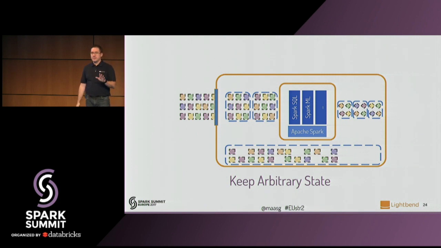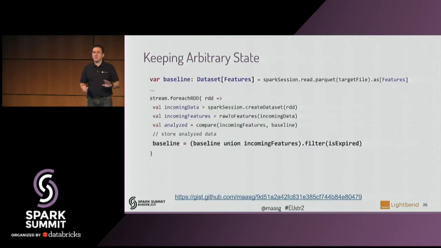Keep arbitrary state. This one seems very simple and is deceivably evil. What we are doing is we define our baseline again. We load this from somewhere, some file. And I want to add the data that I receive. And I want to expire some of that data. This is actually what the stateful models are doing behind the scenes.